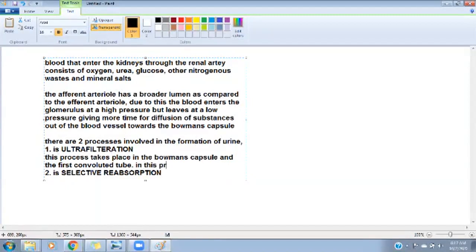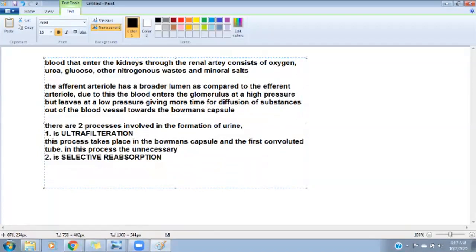In this process the unnecessary substances are diffused out of the blood into the nephron. यानी ब्लड से डिफ्यूज आउट करवा के क्या किया जाता है, उनको नेफ्रॉन में ले आया जाता है.